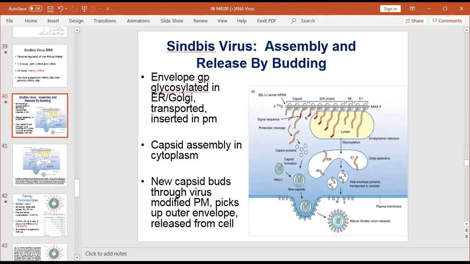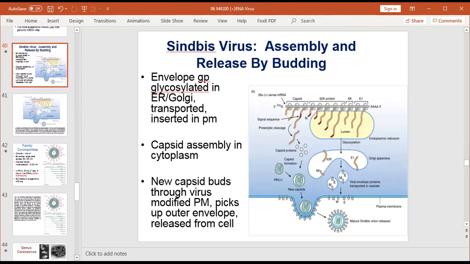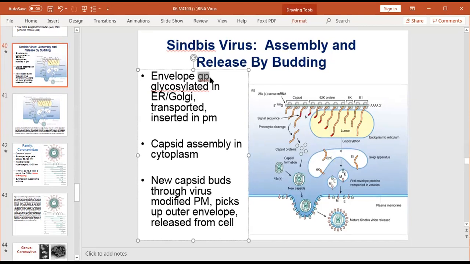Slide number 40, the assembly and release of Sindbis virus. Sindbis virus is being released from the host cell by budding. Initially, those viral glycoproteins that will be incorporated into the viral envelope are glycosylated in the host cell endoplasmic reticulum and Golgi apparatus.